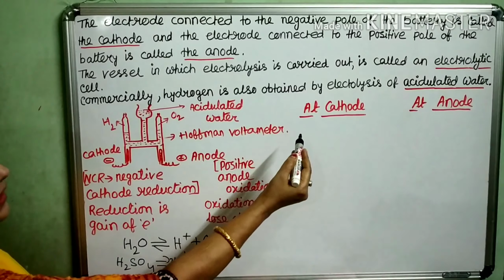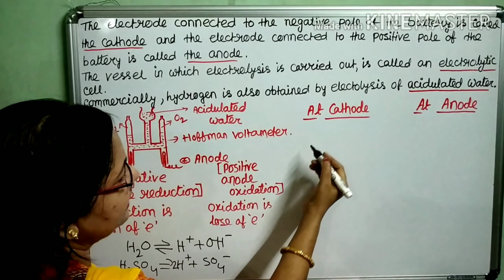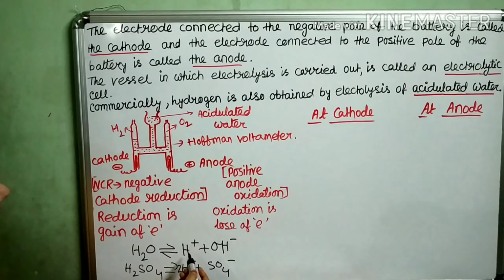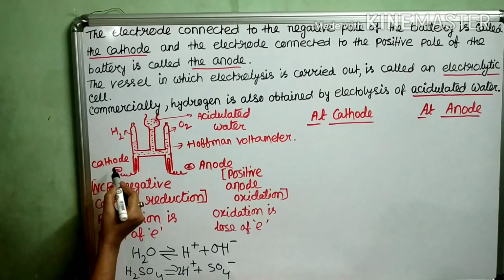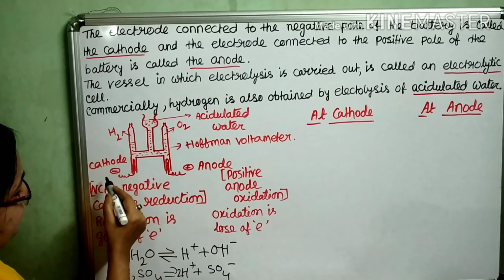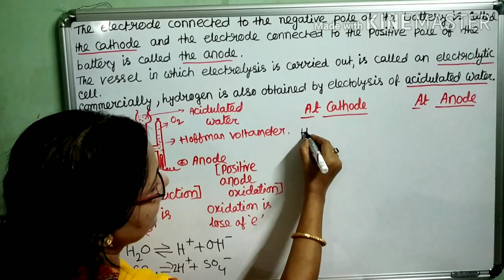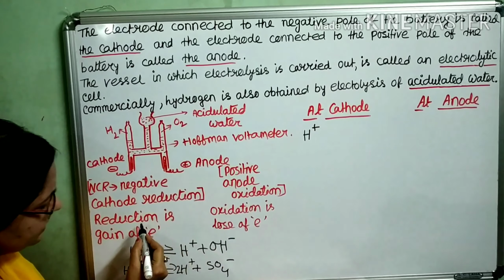So see the cathode reaction and anode reaction. In the case of the cathode, of H plus and OH minus, H plus goes to the cathode as it is the negative pole of the battery. Here reduction takes place.